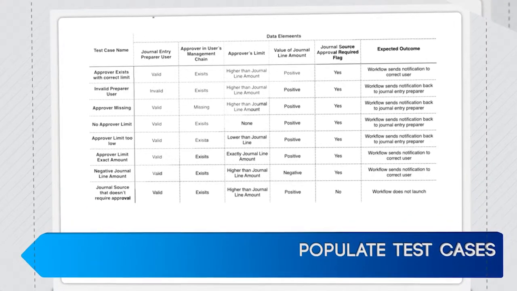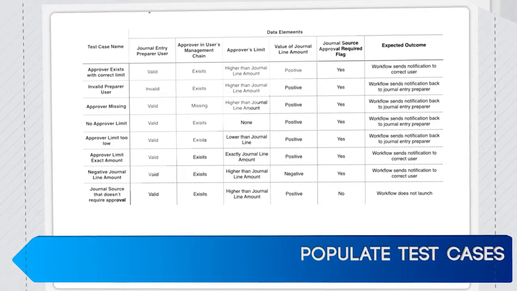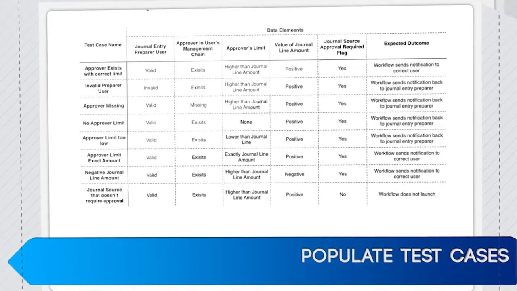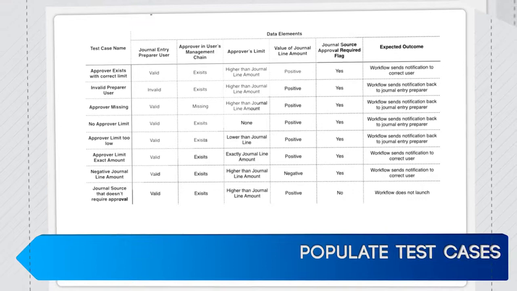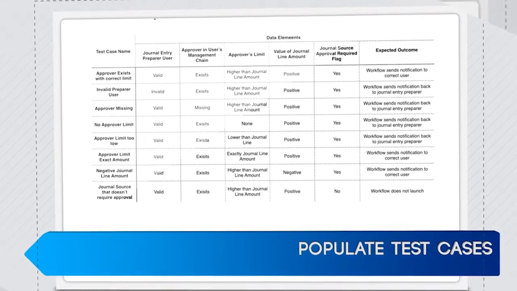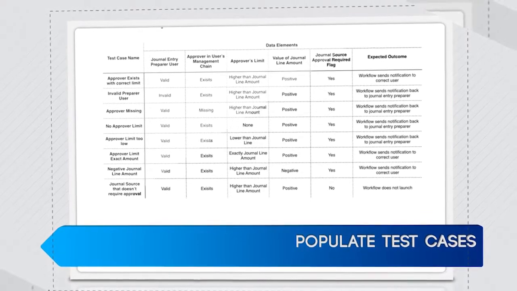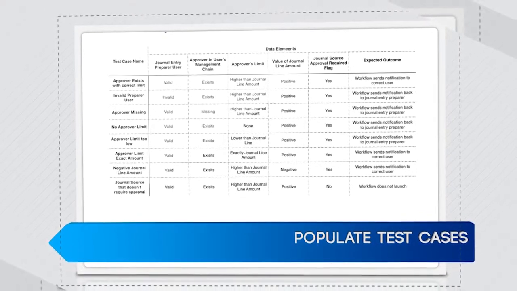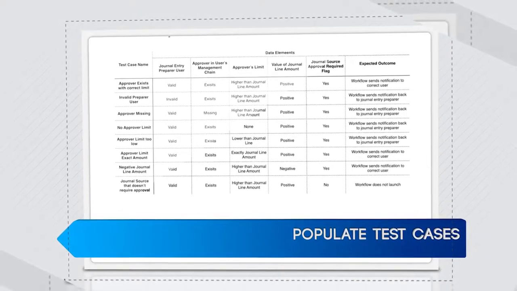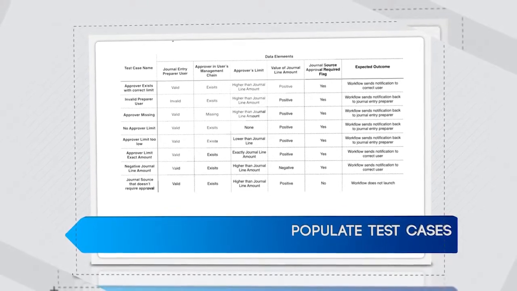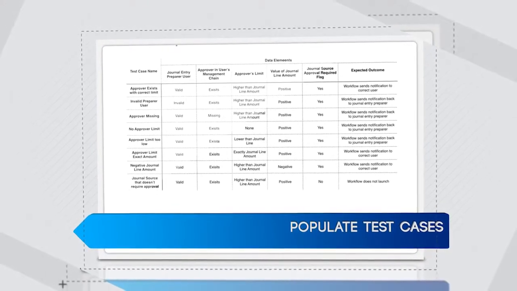That way we're just testing that if this is invalid, I'm expecting this thing to happen. And we're going to keep changing the data elements as we go through this matrix until we've covered all the different data inputs, and therefore all the different logic that happens in the program.